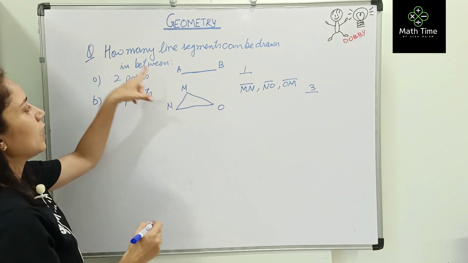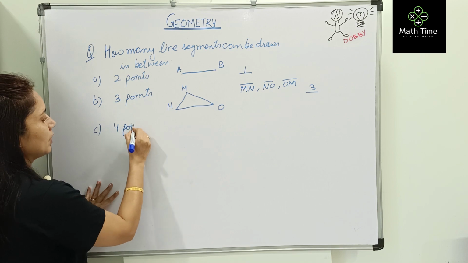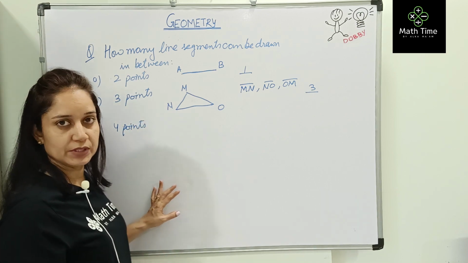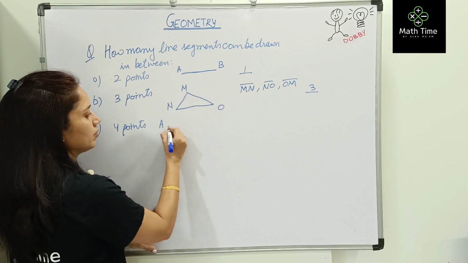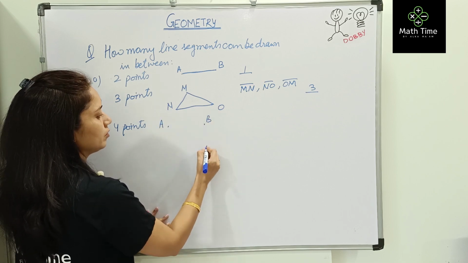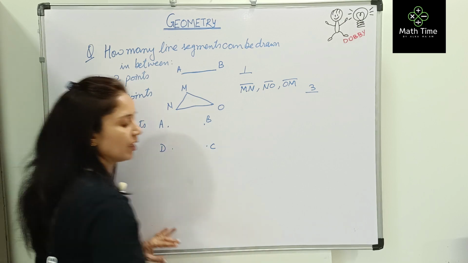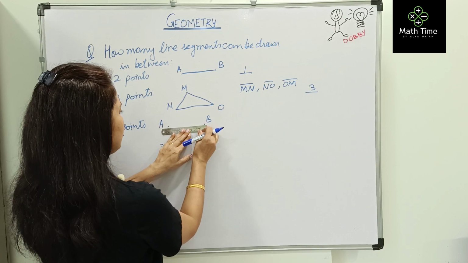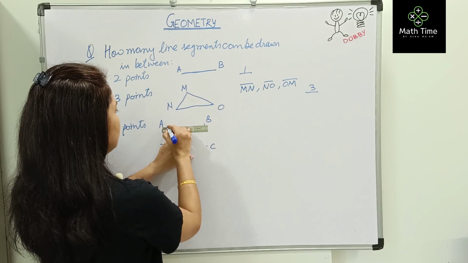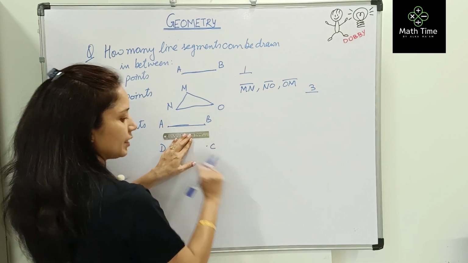C part. How many points shall we take now? Let us take 4 points, and we will see how many line segments can be drawn with the help of 4 points. A, B, C, D. 4 points. Let us join them. Use your scale and join them. AB, one line segment.